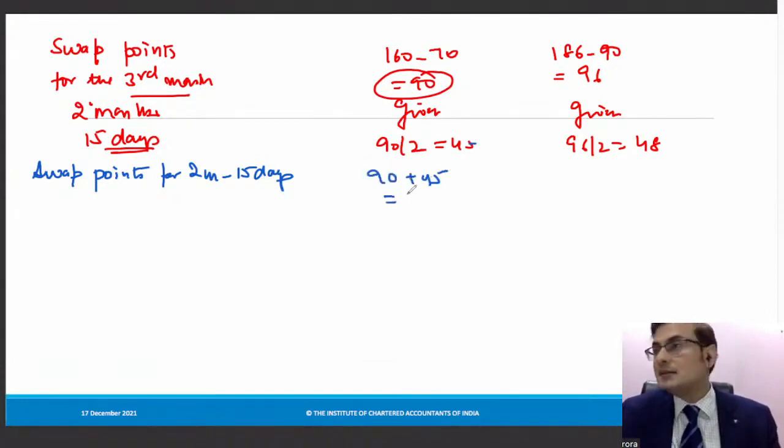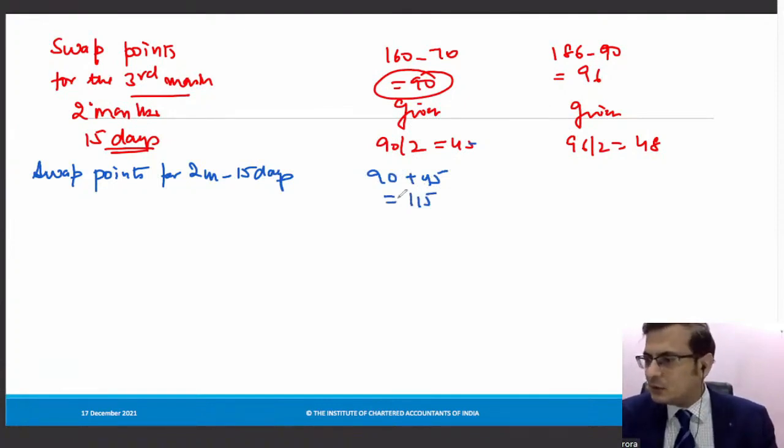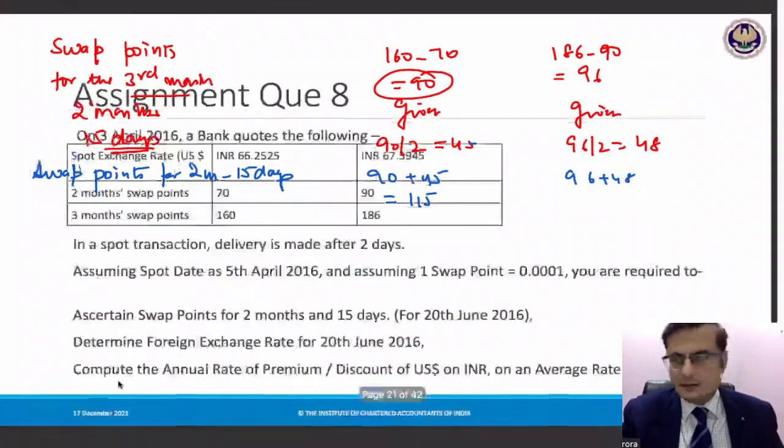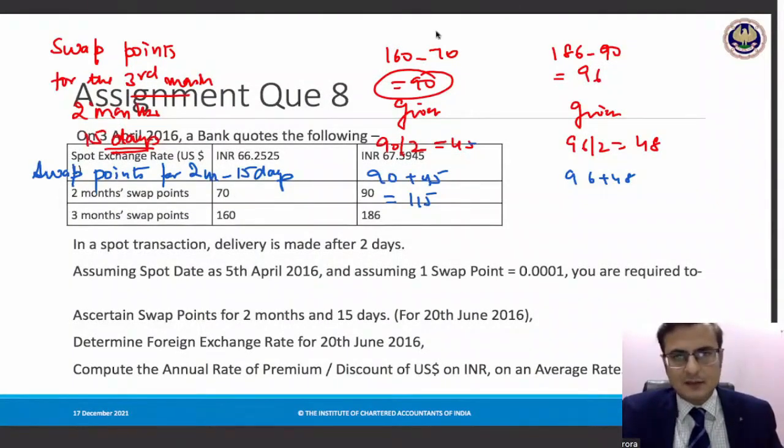Thank you, Harshad. Second one you did not tell me. Not a problem, at least you initiated on this. Okay, both are 90. Just 1 second. This is 70 plus 45, and 90 plus 48.